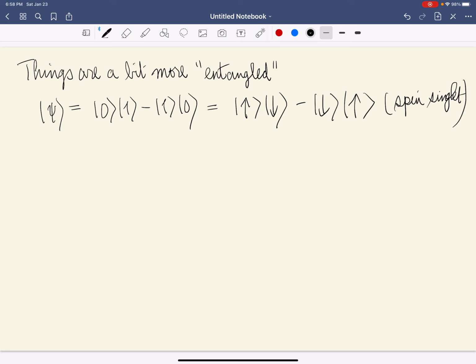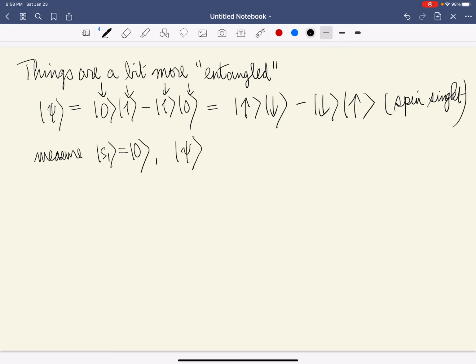Okay, so this represents the state of the first qubit. This is the state of the second qubit. Now suppose you did a measurement and found that the first qubit was in a state of 0.